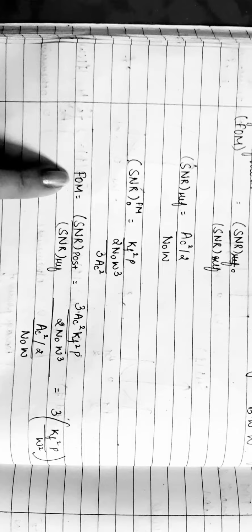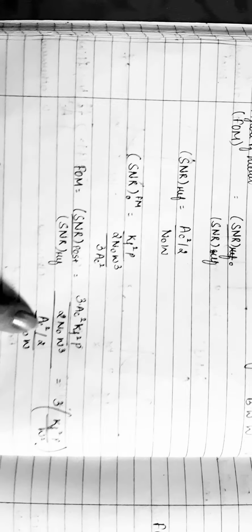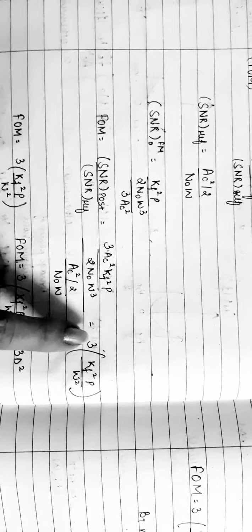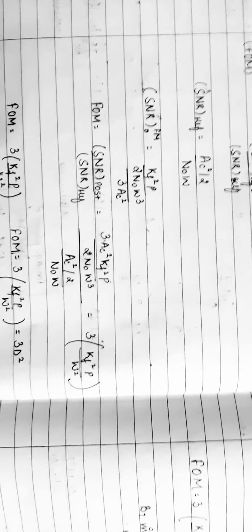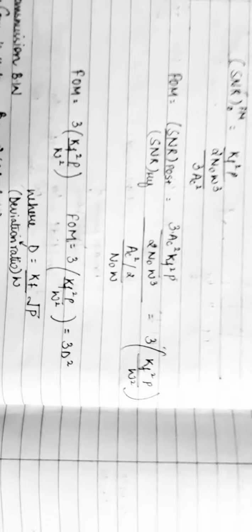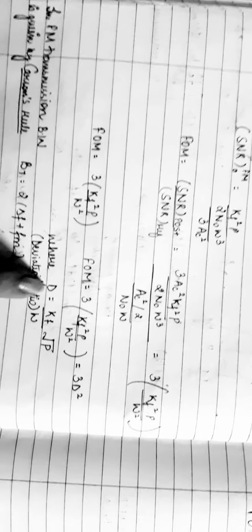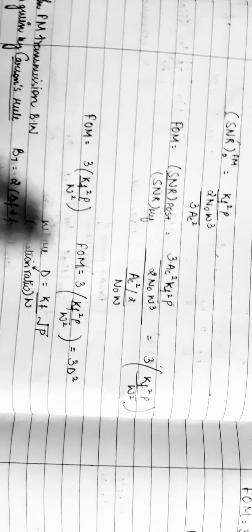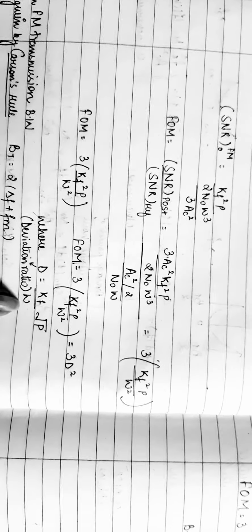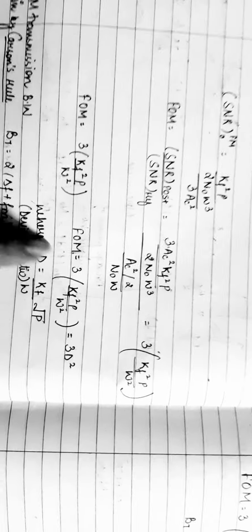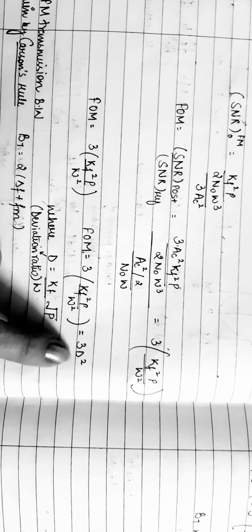So from here we can calculate the figure of merit, which after simplification is equal to thrice of k_f square P upon W square. Now we will introduce a new term D, the deviation ratio. D is equal to k_f upon W under root P, so in place of that we can put D. From here the figure of merit will be equal to thrice of the deviation ratio squared.